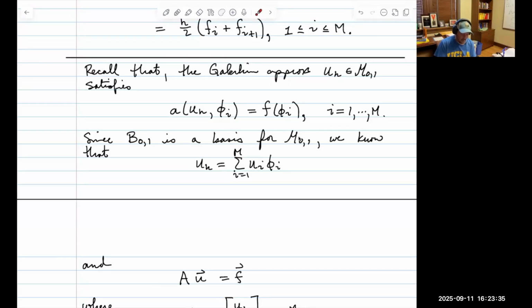Now, I can do the same thing. It's not hard to show that the solution exists and is unique, as we've already done. Now I'm going to write u_h in the same basis expansion. So it has a unique basis expansion, and the coefficients in the basis expansion I'm going to call u_i.